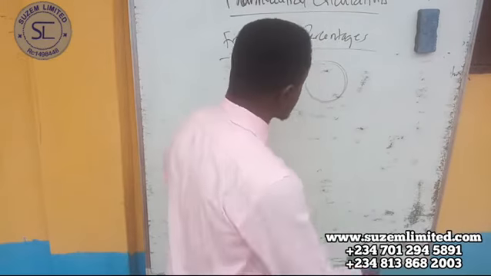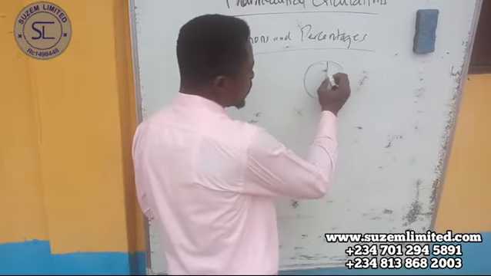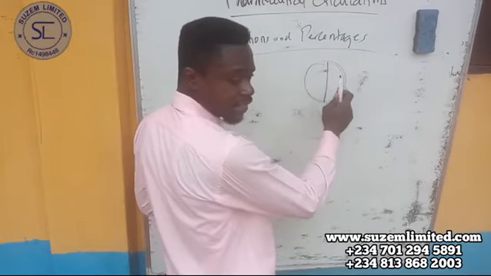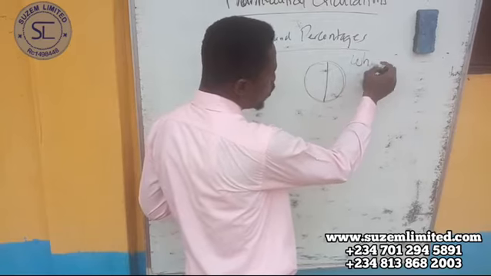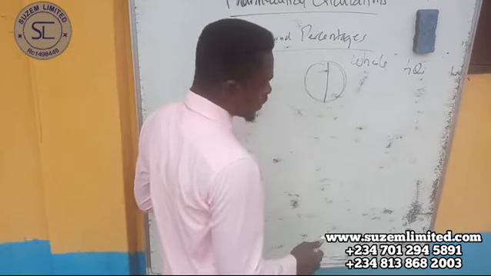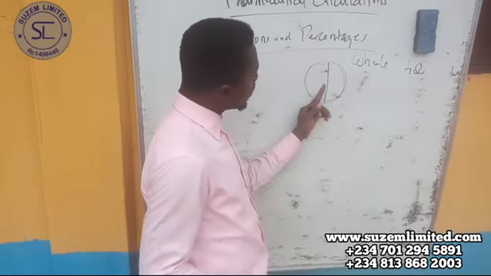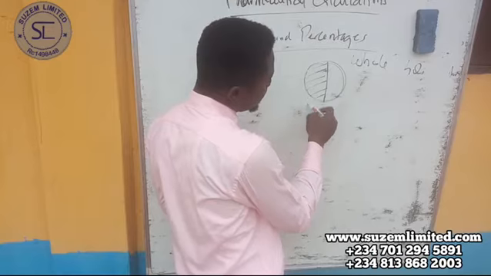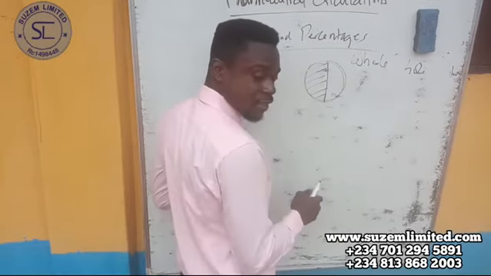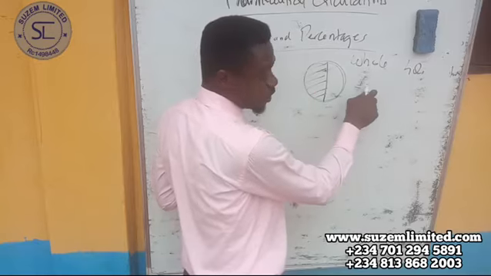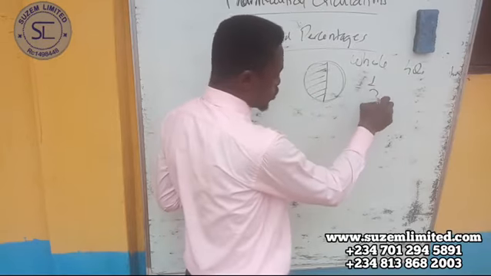If you divide this whole into two, this shaded part is a fraction of this whole. So if you want to represent this shaded part as a fraction, what will it be? 1 over 2. Good.